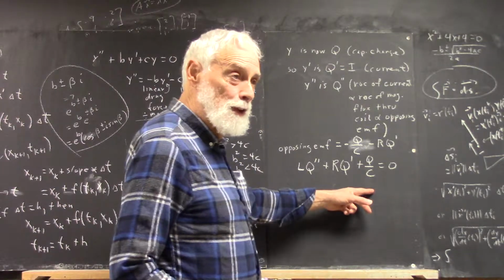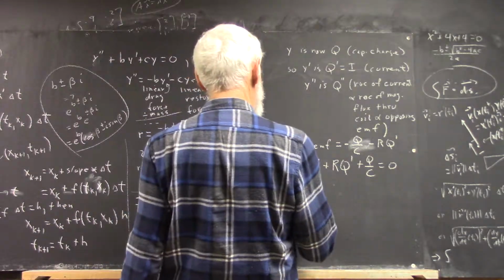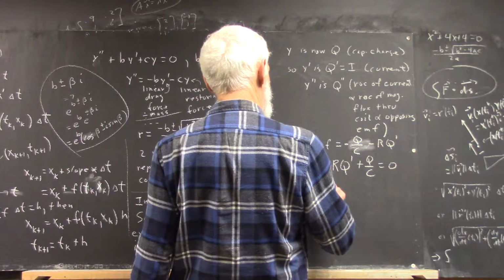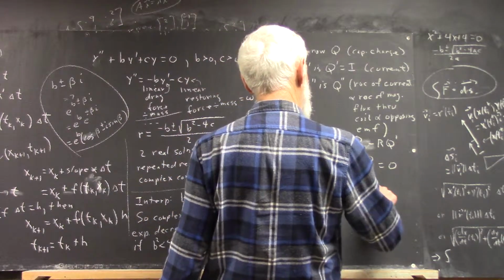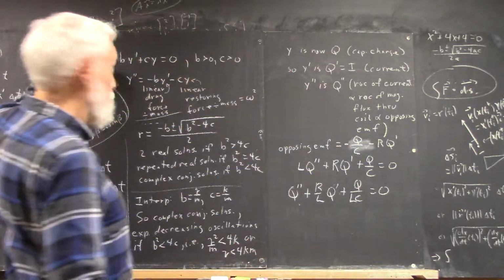Now, this equation is just Q double prime plus R over L Q prime plus Q over LC equals 0, and that's just this equation.